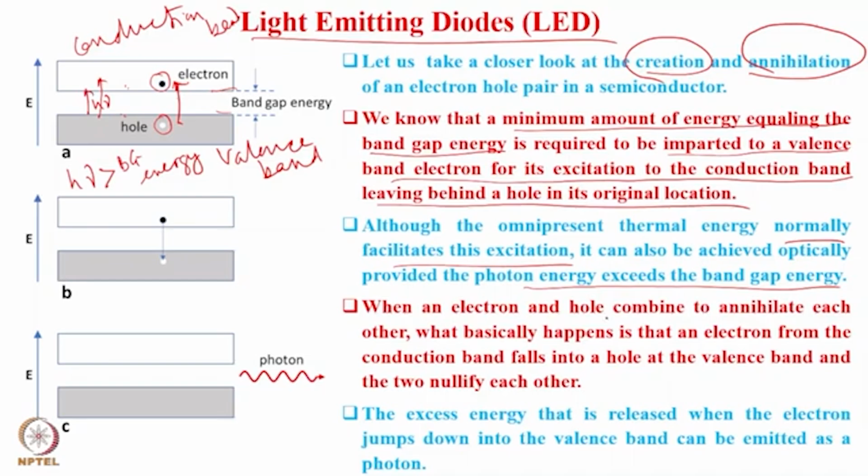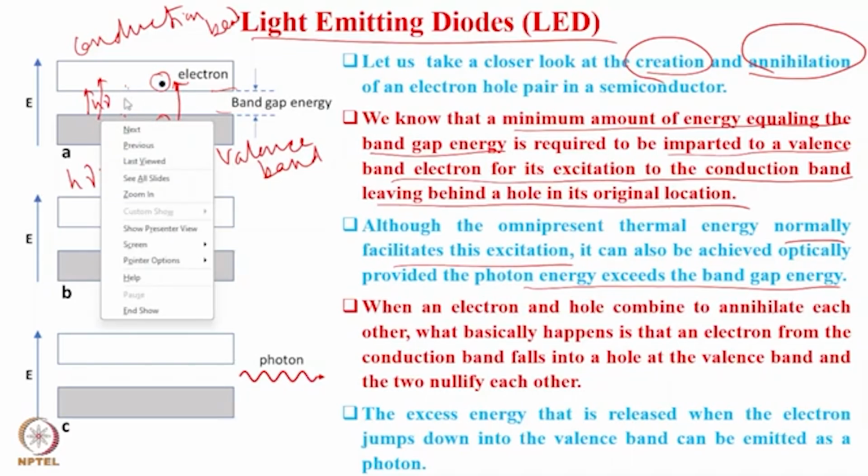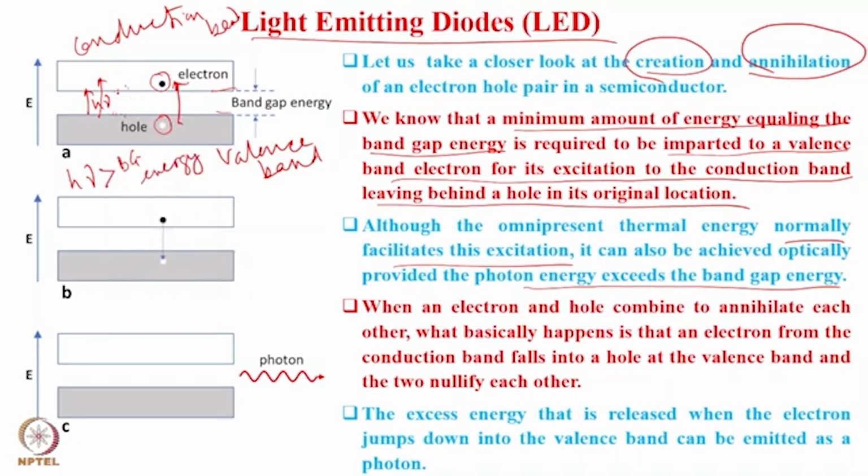A photon with energy more than the band gap energy can excite an electron from the valence to the conduction band.